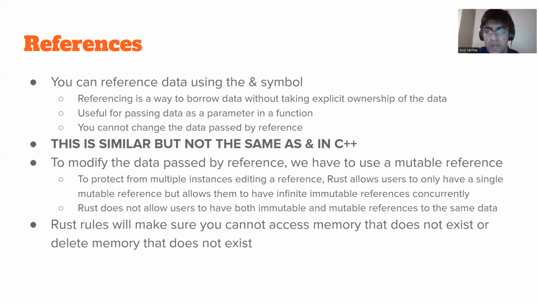What Rust is trying to do is, because what this & does is it says that address in memory that we're storing, that postal box number, Rust is trying to ensure that when multiple people are accessing that data, the sanctity of that data is preserved.